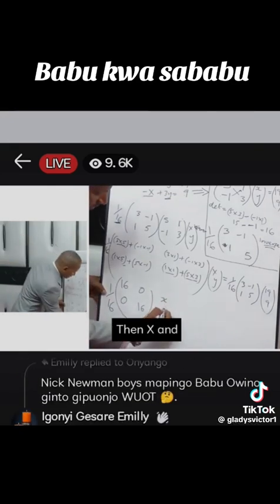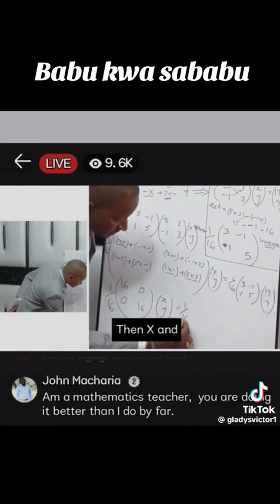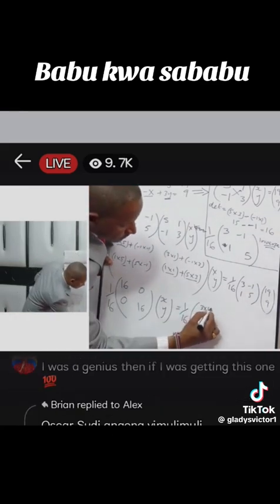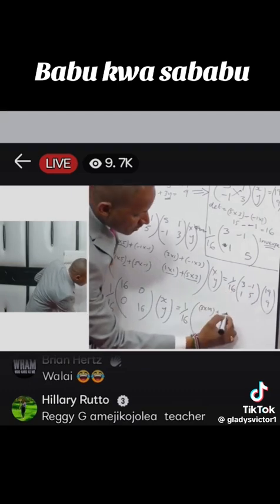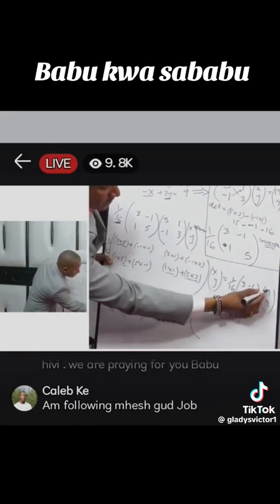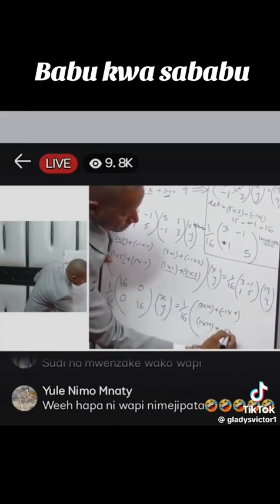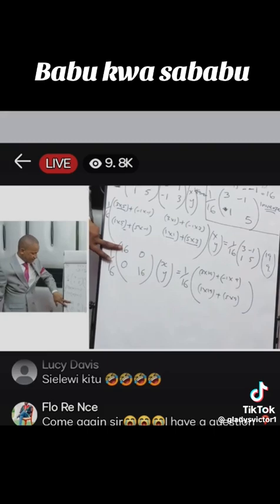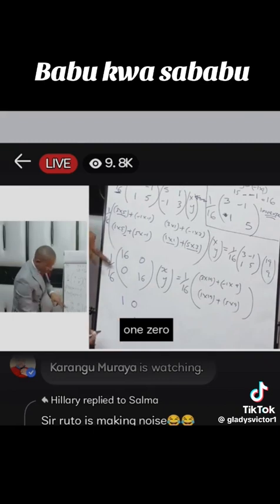Then x and y equals, let's multiply this. We have 1 over 16 into 3 times 19 plus minus 1 times 9. Then 1 times 19 plus 5 times 9. Class, this gives you 1, 0, 0, 1.